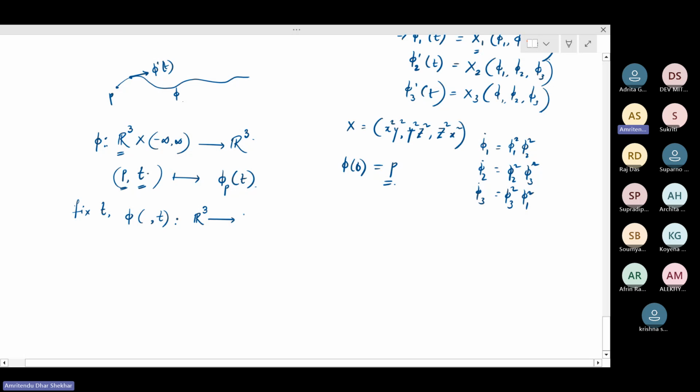Then this map is a smooth bijection. It's a diffeomorphism actually. This is a theorem.